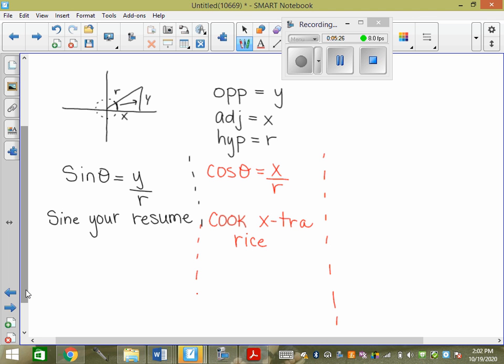Okay, sign your resume. Cook extra rice. This is my favorite. For Corona, it works the best. Tan your Xbox. Because when you tan, you get vitamin D, and vitamin D is supposedly the forefront of the fight against Corona.